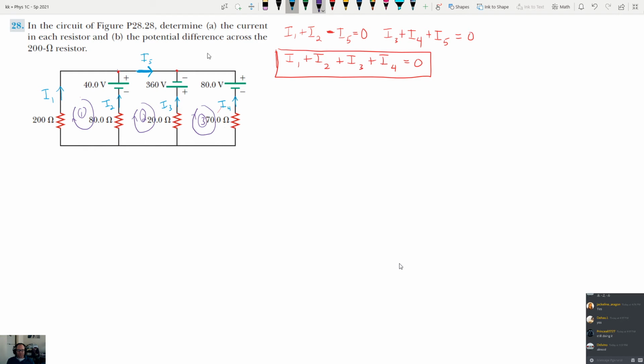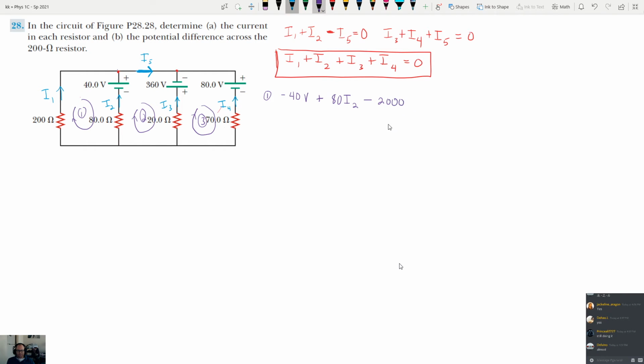So I'll start at this point right here for loop 1 and say we're going from positive to negative. That's going to be negative 40. We're going against the current, upstream, uphill, positive 80 I2. Same direction as the current, negative 200 I1.